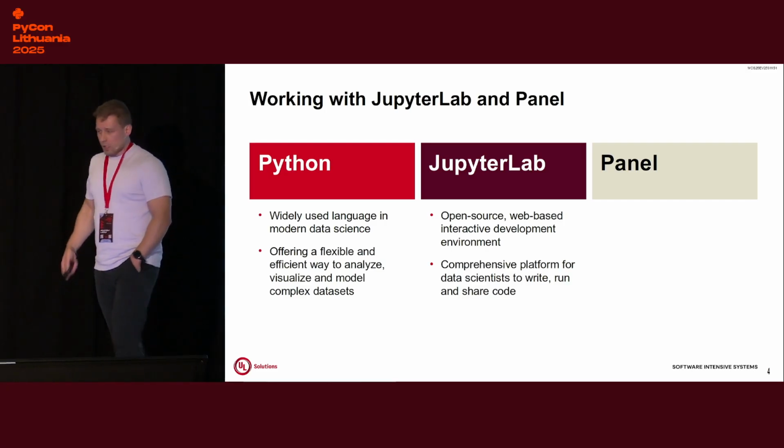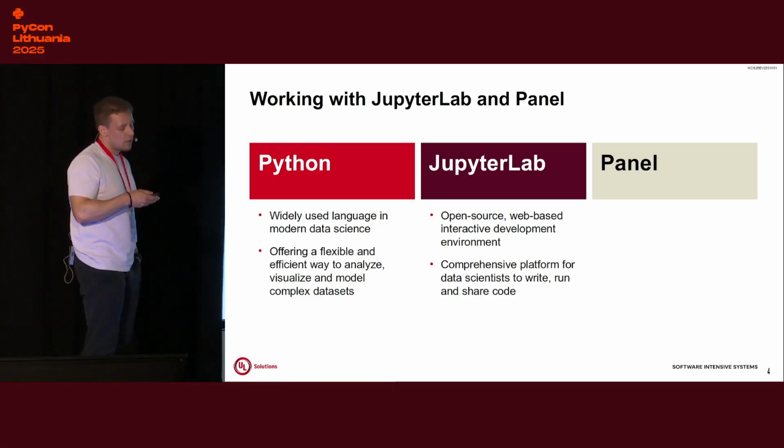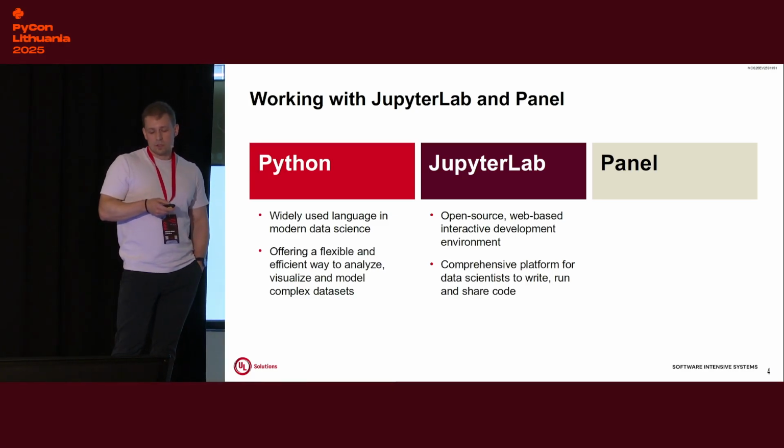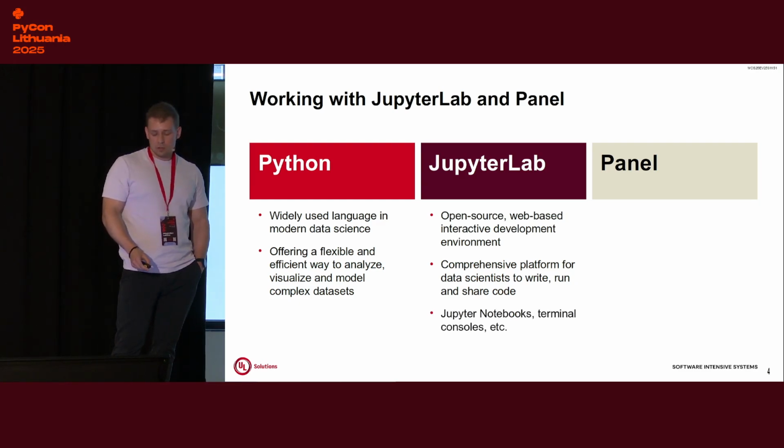And it's also good for sharing code. You can use it in a cloud-based solution, have a server where you're using it with different users all together, so you can also share your code, right? Jupyter Notebook is the main document type there, so that's where you write code. It's also not only for Python, but you can also use different languages.